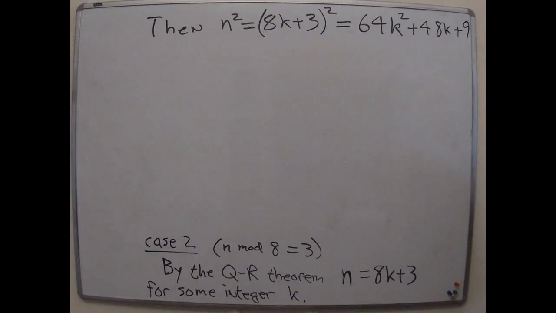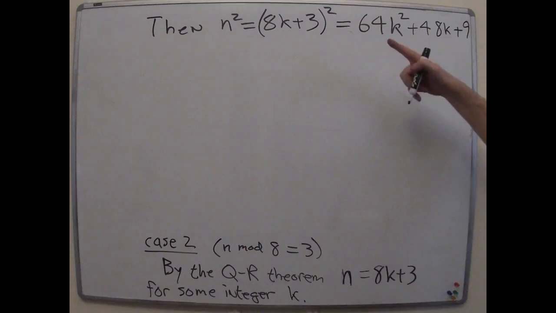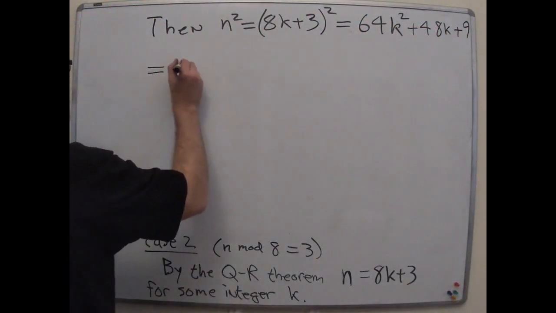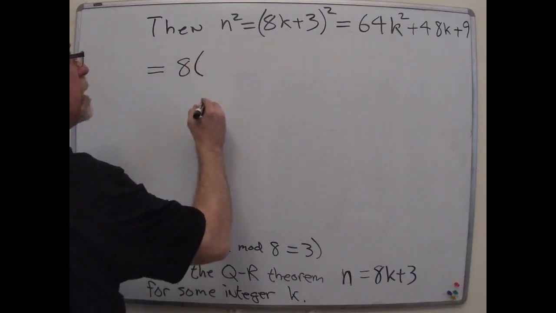Oh man, that looks bad because we're trying to end up with it being 8 times something plus 1. And we've got a plus 9 on the end. But it's not as bad as all that. Think of the 9 there as being 8 plus 1. And then you can re-express this whole thing as 8 times stuff plus 1.